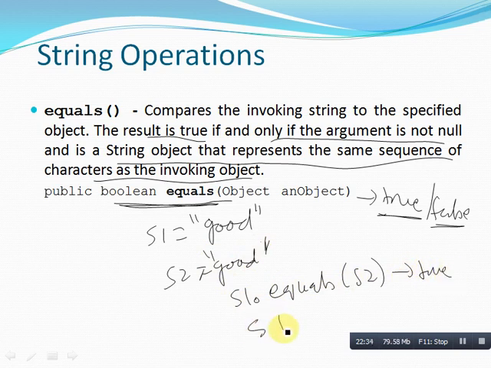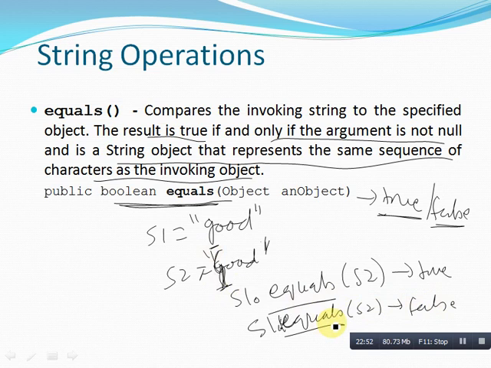And if we have capital G here for S2, then S1 dot equals of S2 will give false, because capital G is different from small g. Okay, so this function equals checks the contents of the string. If both are equal, it will give true, otherwise it will give false.